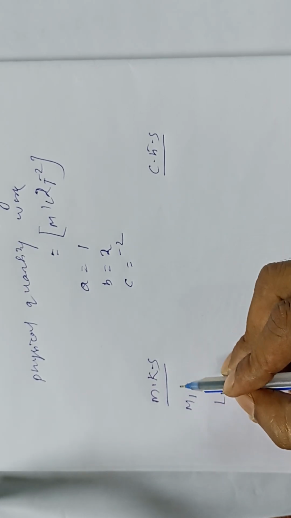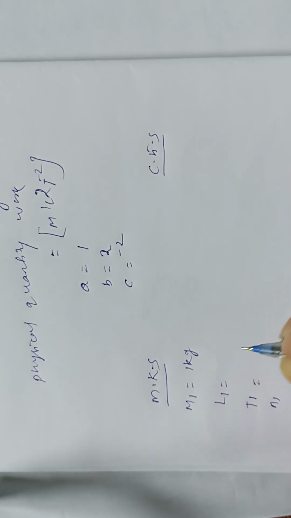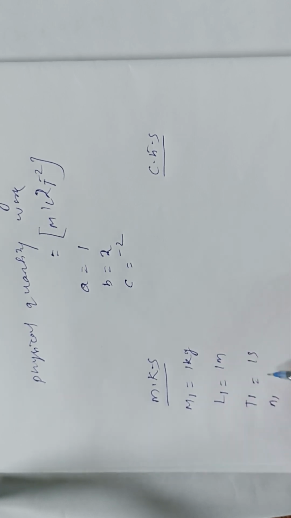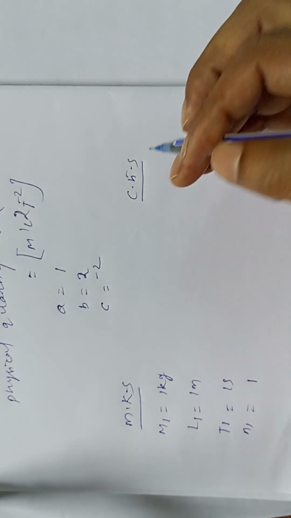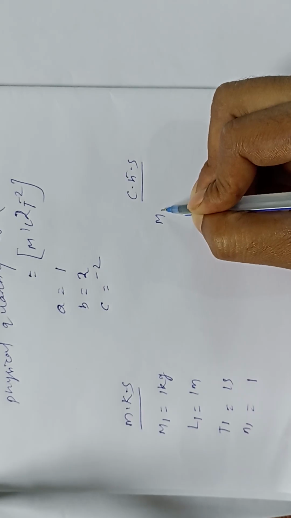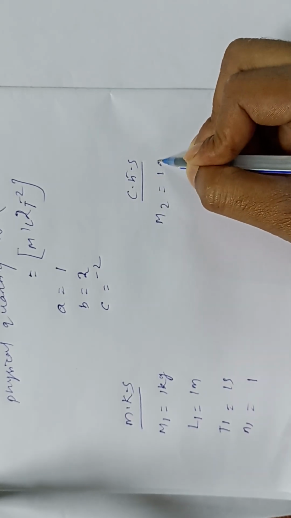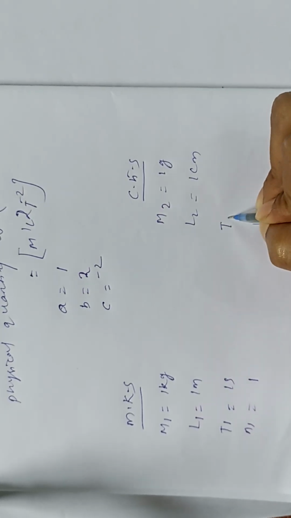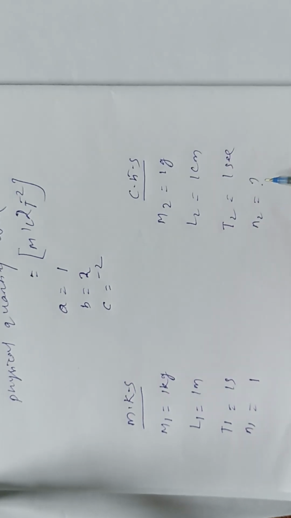In MKS, M1 is 1 kg, L1 is 1 meter, T1 is 1 second, and N1 is 1. In CGS, M2 is 1 gram, L2 is 1 centimeter, T2 is 1 second, and N2 is unknown. So we find N2.